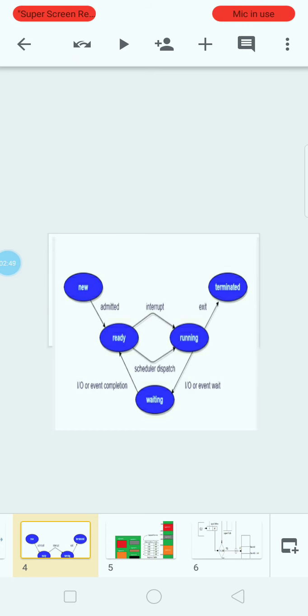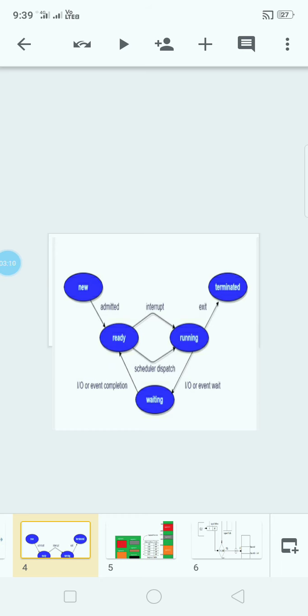Now, different process states. Processes in the operating system can be in any of the following states. New: the process is being created. Ready: the process is waiting to be assigned to a processor.